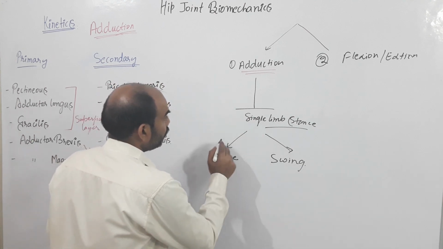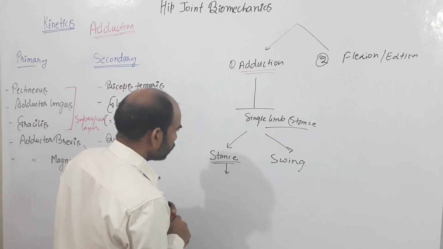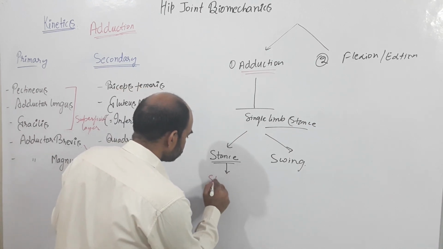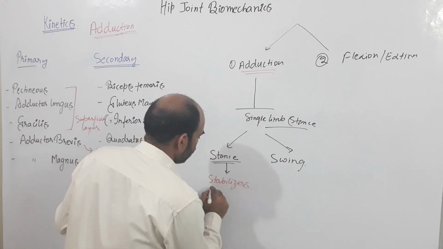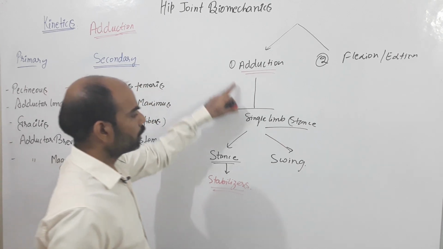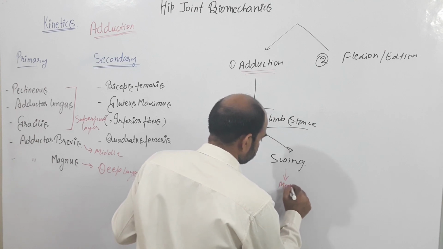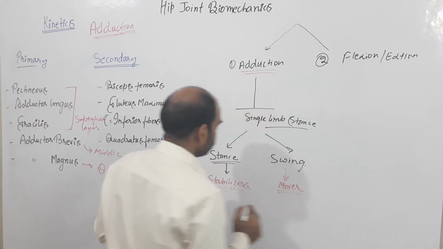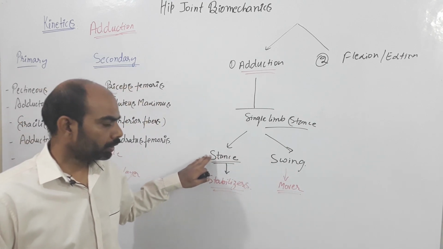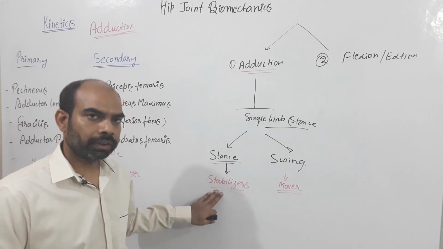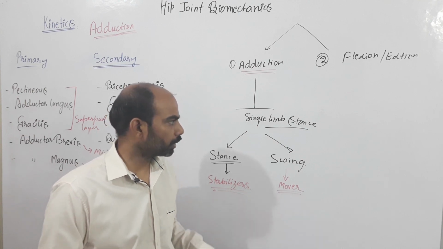The adductors of the stance limb work as a stabilizer, and the adductors of the swing side work as a mover. So during the gait cycle or during kicking, the stance side limb adductors work as a stabilizer and the swing side limb adductors work as a mobilizer or mover.